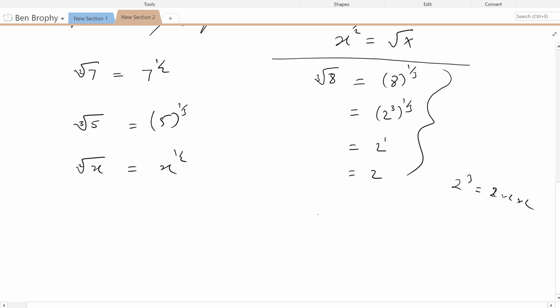In the same manner, the square root of 16 is just 4. And if you want to do it the exponent way, we convert it to exponential form, 4 squared to the power 1/2, and now you multiply the powers: 4 to the 1, which is just 4. So those were a couple of examples.